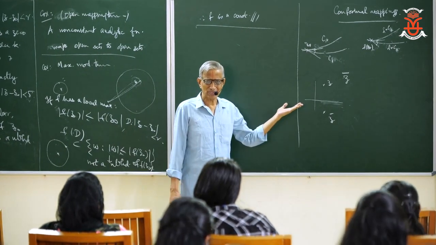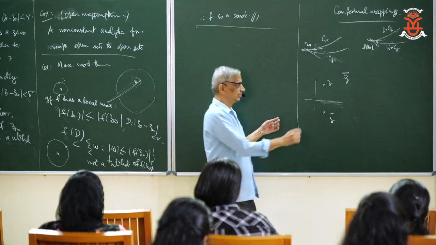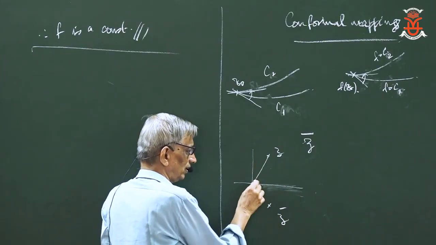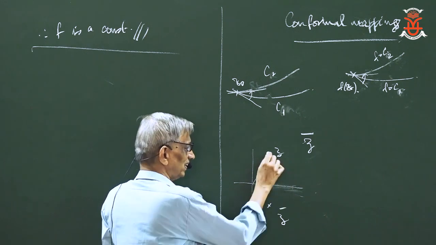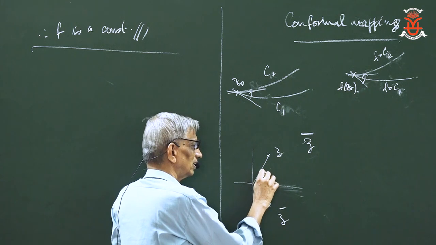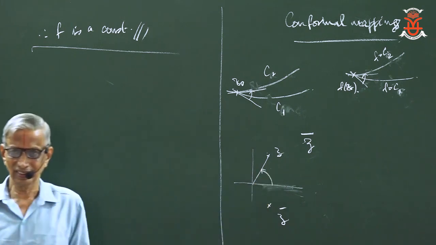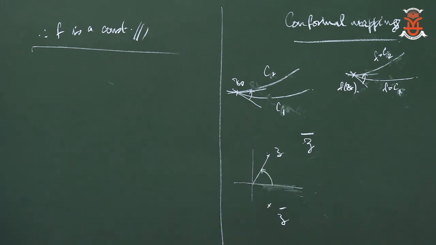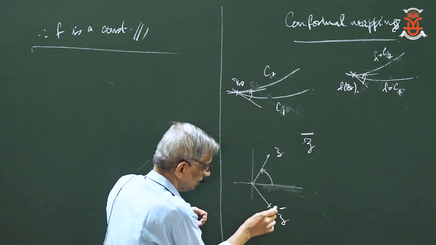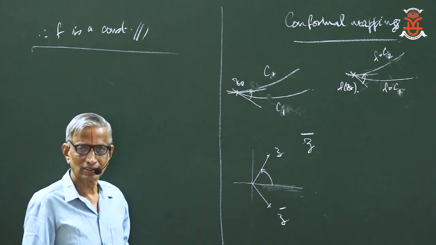You take straight lines themselves, for example, the real axis and this line. The image of the real axis is itself under z bar, and the image of this line is this.